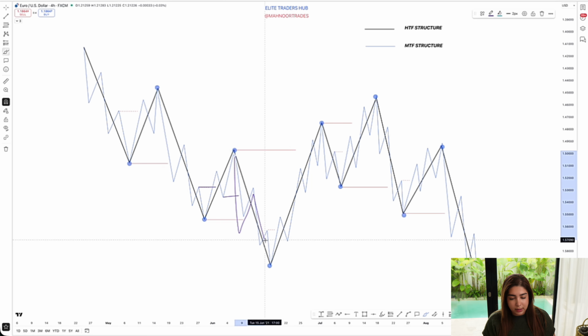Now once you understand the relationship between the high time frame versus the middle time frame or the lower time frame, the price action stops being random. It starts making a bit more sense. If there's one lesson I want you to leave with, it's this: market structure is context. It's not a signal. Structure shows you the narrative shifts.